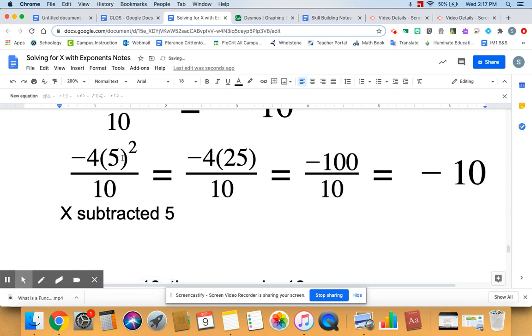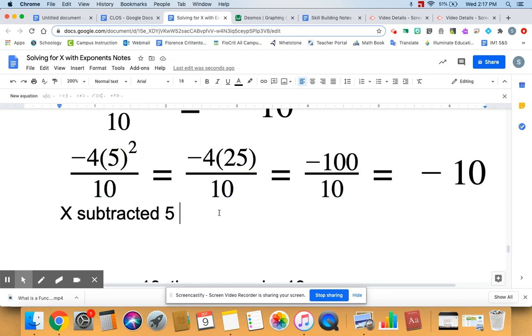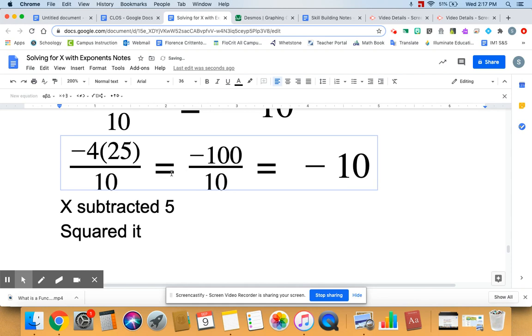The next thing we did was this 5, we did the squared, and it turned into 25. So then we took it, whatever it was, and then we squared it. And then that's how we got that 25. Then from here to here, what changed was it became 100.